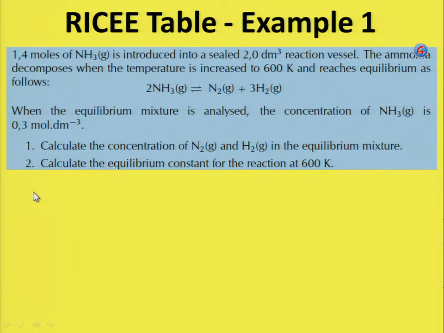When the equilibrium mixture is analyzed, the concentration of ammonia is 0.3 moles per cubic decimeter. So that is what they give you. When this reaction is at equilibrium, the concentration of ammonia is 0.3. And then the question: calculate the concentration of nitrogen and hydrogen in the equilibrium mixture. So let's just focus on that for now.